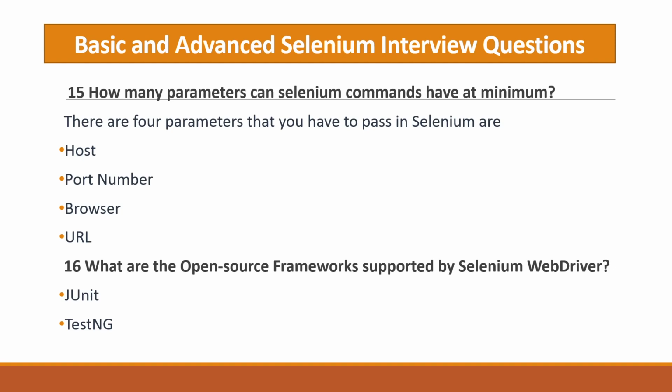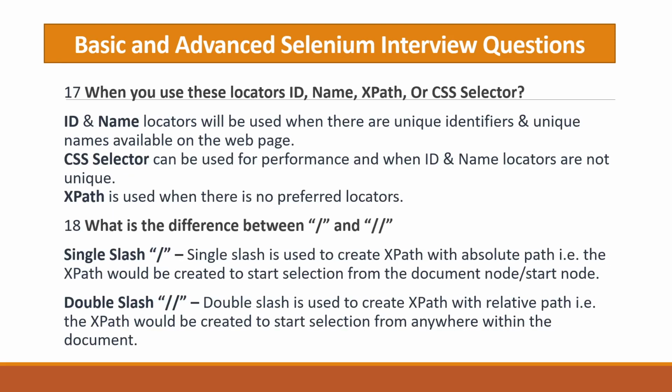Then the next question is, when do you use these locators, that is ID, name, XPath, or CSS selector? ID and name locators are used when there are unique identifiers and unique names available on the web page.